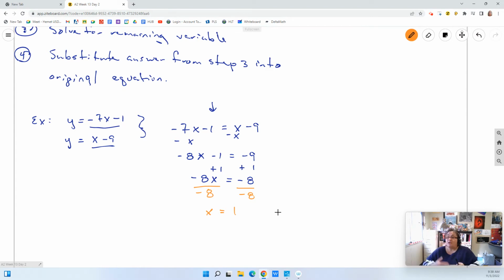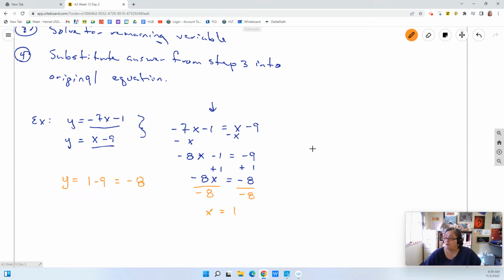So now we know that the common solution for both of these equations is x equals 1. To find what y is, all I have to do is plug it into one of these equations. So I have y equals x minus 9, but we know that x equals 1. So that is 1 minus 9, which is negative 8.